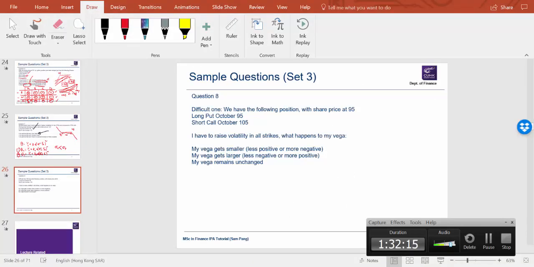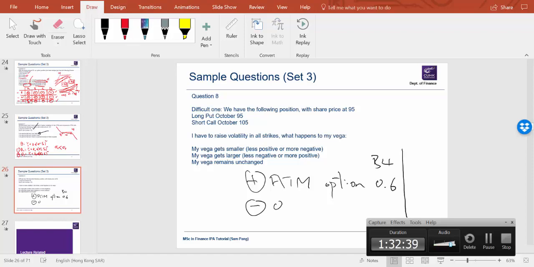So you are long an at the money put. Well, I don't even care if it's a put or call. You're long an at the money option, okay? So you have a Vega, let's say, of 0.6, and you are short. So this is before. I'm going to show you the after.